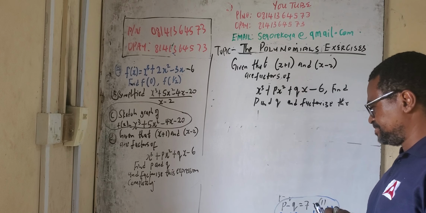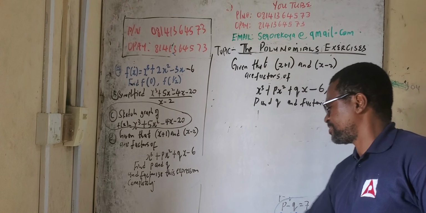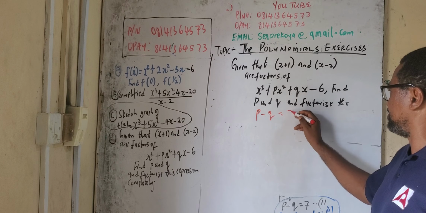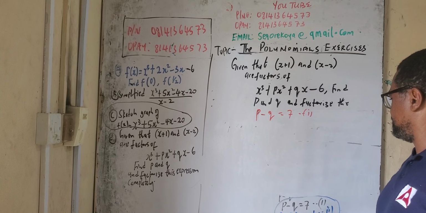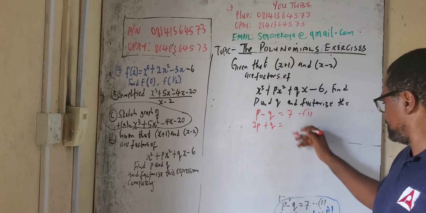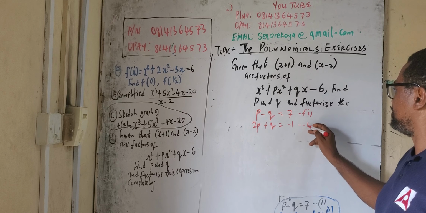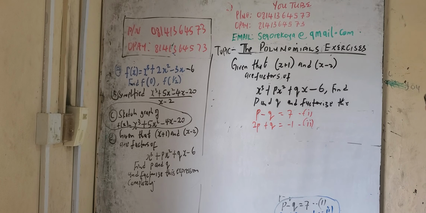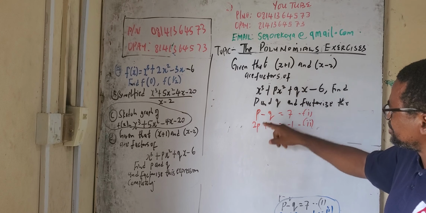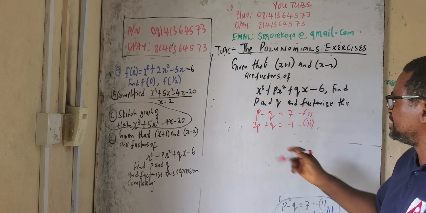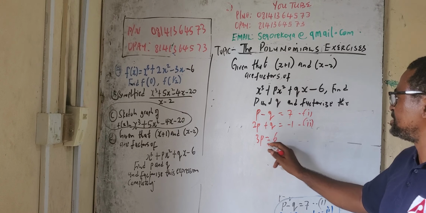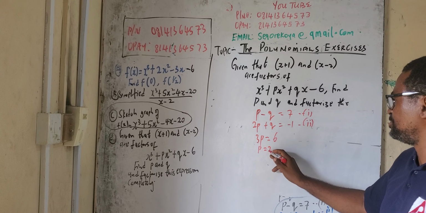Equation 1: p minus q is equal to 7. Then equation 2: 2p plus q is equal to minus 1. By the elimination method, add these two equations together. Plus q minus q gives us 0. So we have 2p plus p, that's 3p. Here, 7 minus 1, that's 6. Dividing both sides by 3, p is equal to 2.